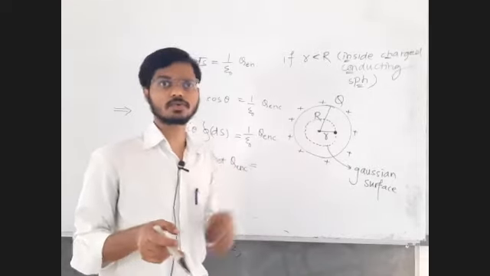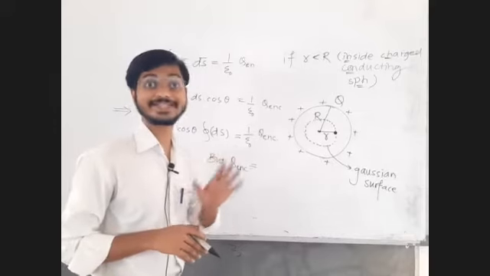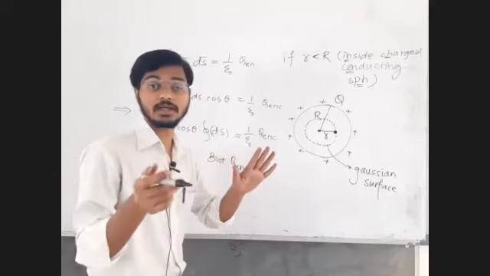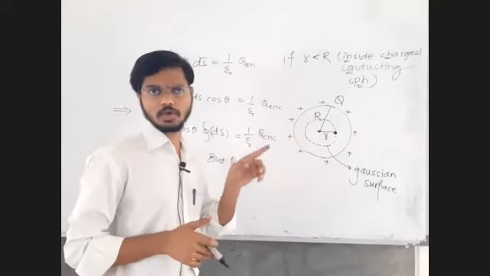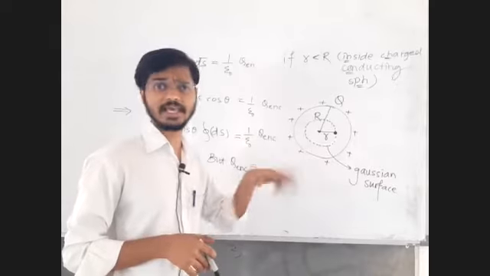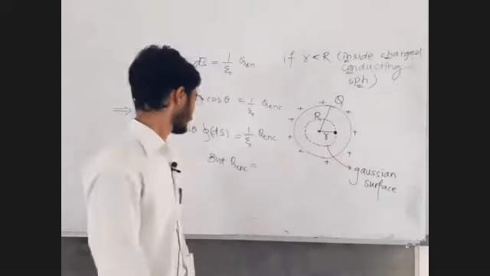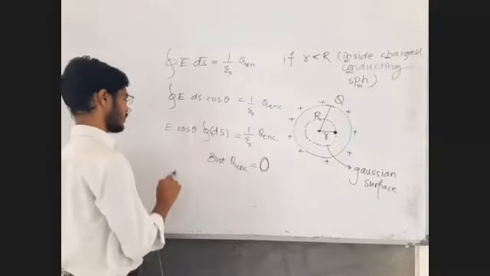Force analogy is force. Distance analogy is distance. 1 upon 4 pi epsilon 0, that is K, is analogous to the universal gravitational constant capital G. What is the charge enclosed? Sir, 0. So further calculation is not required as such.